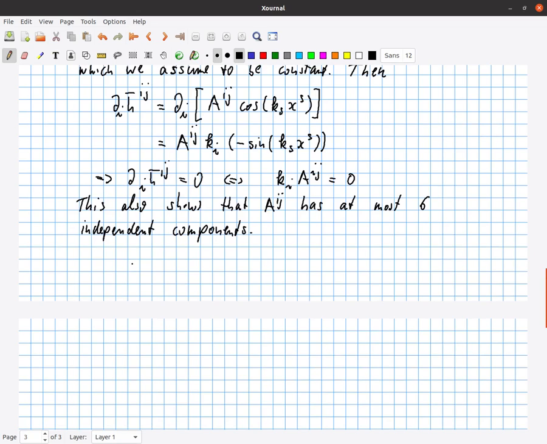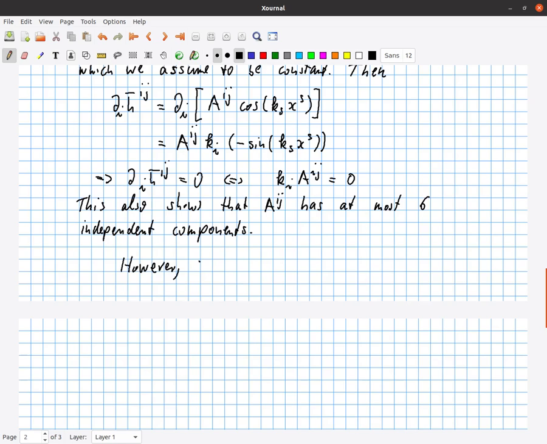Recall that the way we introduced our prime coordinate system, where we then dropped the primes, we ended up with an equation where ∂_i h̄'^ij was equal to ∂_i h̄^ij minus box xi. Which means we can now do the following.